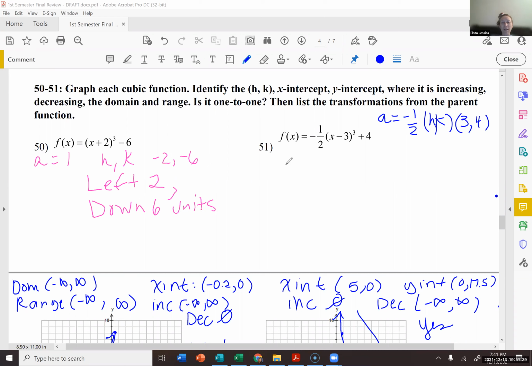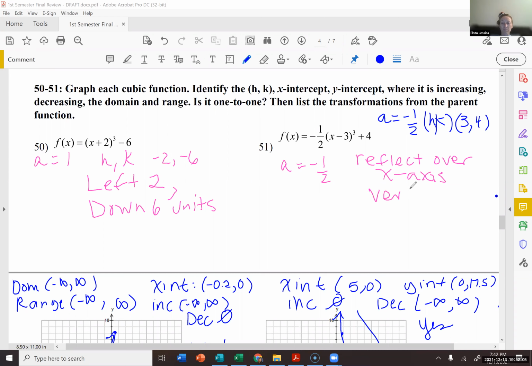Now for 51, the A value is -1/2, which actually does two things. The negative reflects over the x-axis. It's also called a vertical reflection because visually, it looks like it was a vertical reflection.